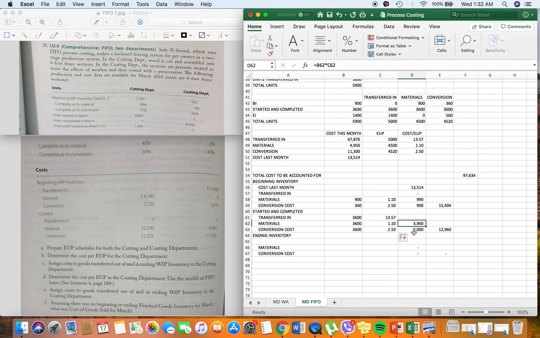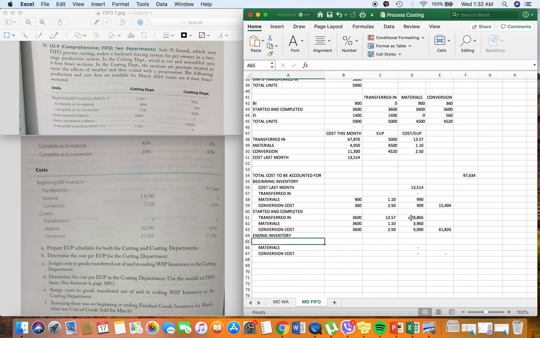So, nag-auto na siya, na-multiply na rin natin siya, except yung transferred in, no? And then, syempre, the total cost of the unit started and completed is equal to 61,826. Okay?